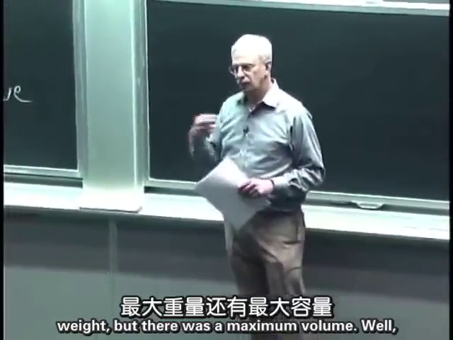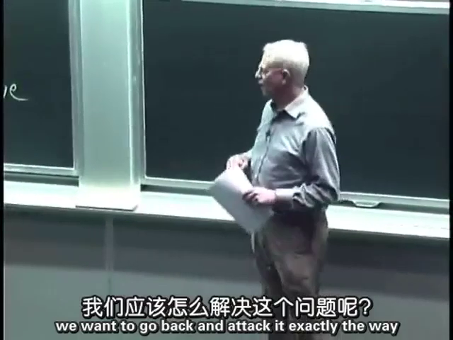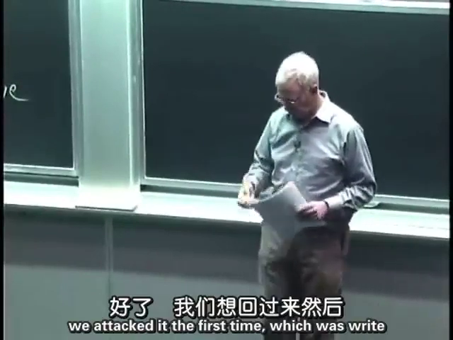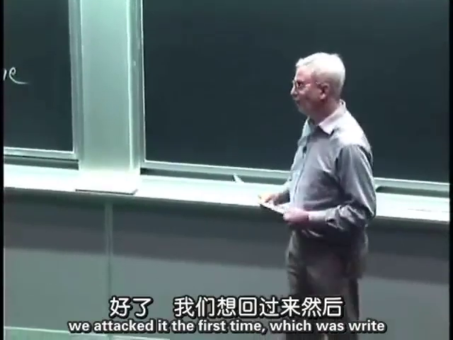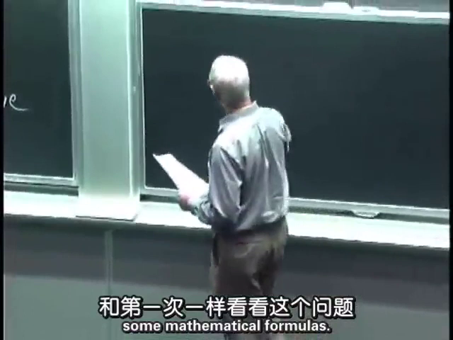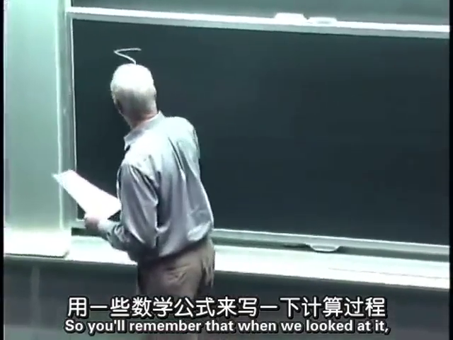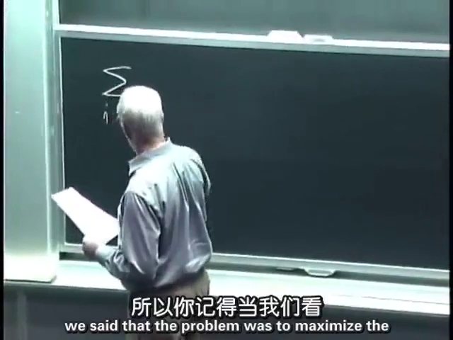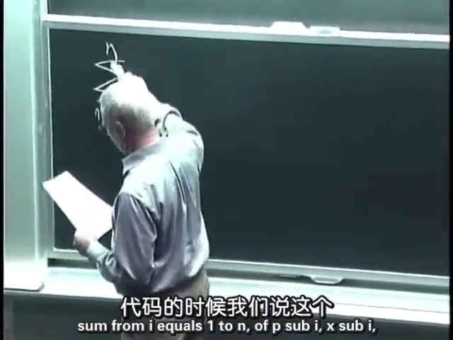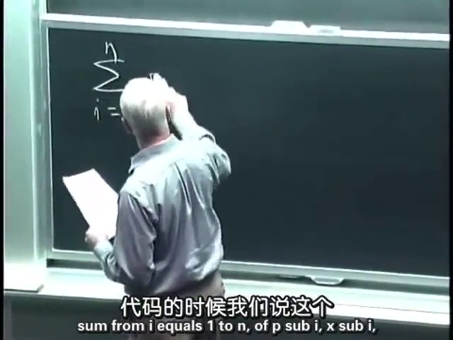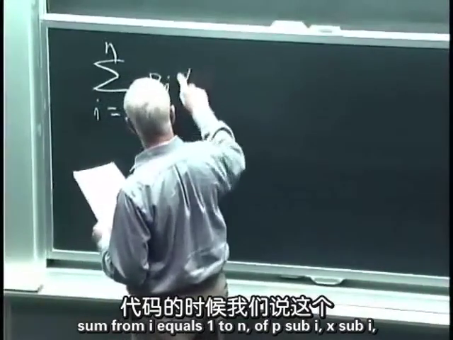Well, I want to go back and attack it exactly the way we attacked it the first time, which was to write some mathematical formulas. So you will remember that when we looked at it, we said that the problem was to maximize the sum from i equals 1 to n of p sub i, x sub i.